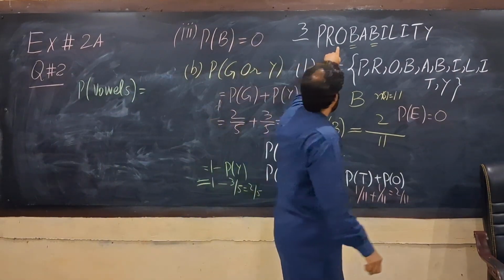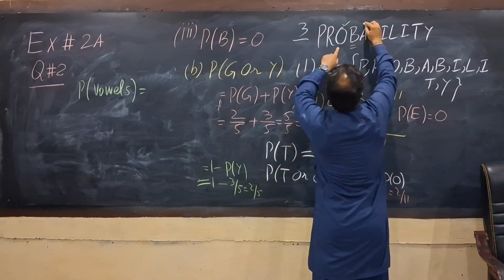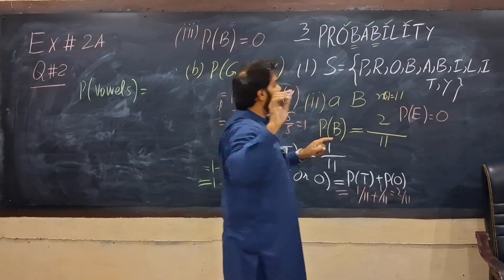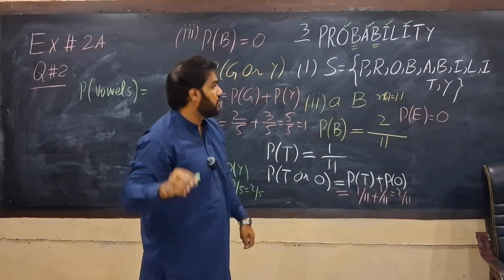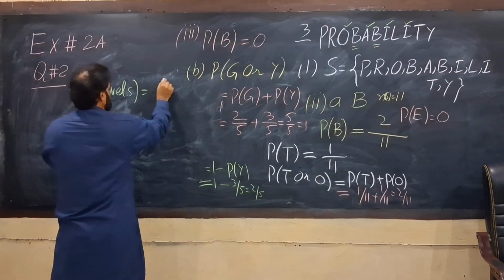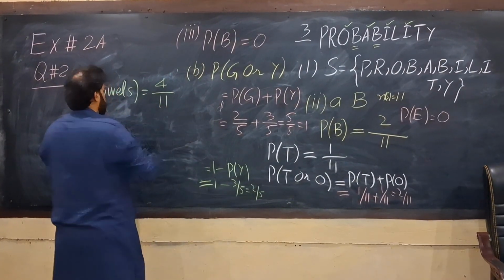The first vowel is O, this is 1, 2, 3, 4. As I occurs 2 times, we will consider both cases. So there are 4 letters that are vowels. So the probability of a vowel is 4 by 11.